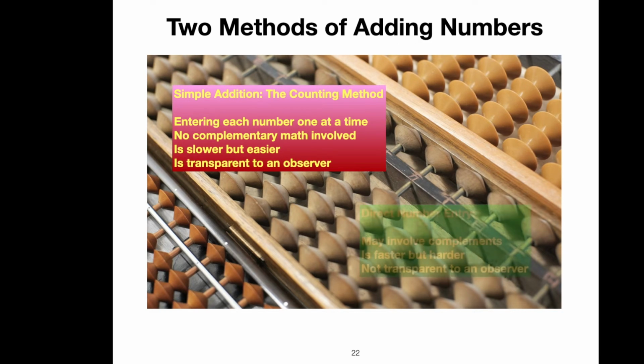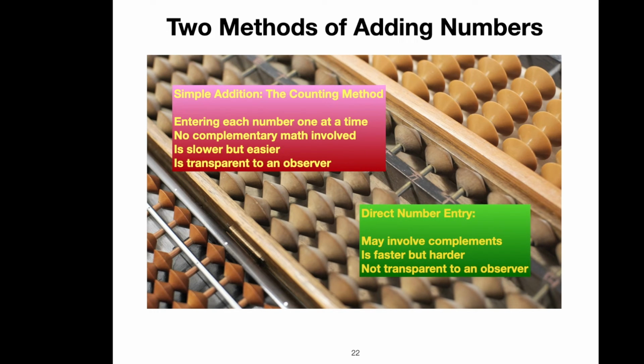So let's look at that as opposed to the direct number entry method, which is the modern abacus method, which involves complementary operations oftentimes, is faster to do, but it's a little more mentally harder. And also there are some mental steps involved which may not be transparently obvious to an external observer.